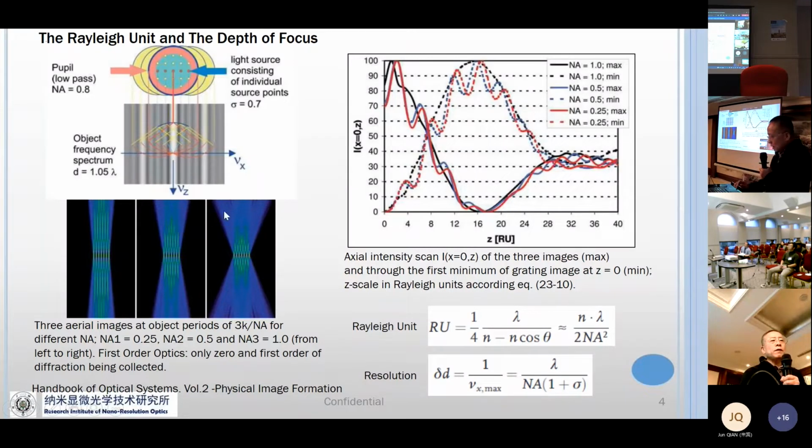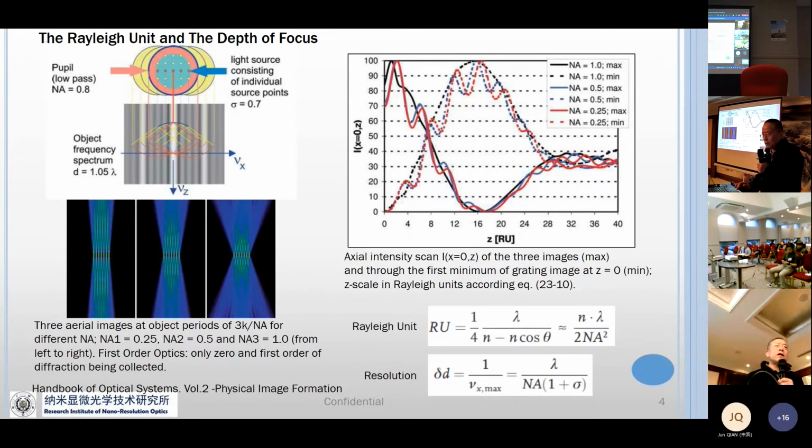the depth here is taken right at the middle of the field. The depth of focus taken halfway is about 8 to 24 Rayleigh units.